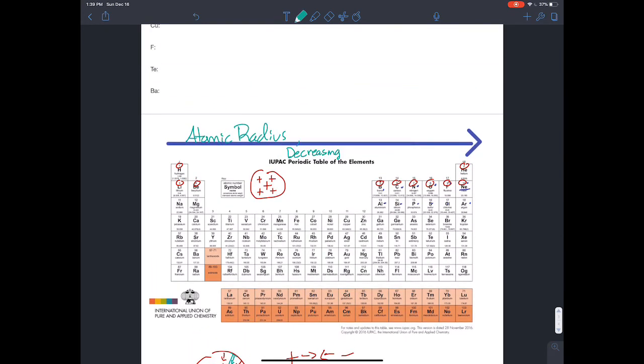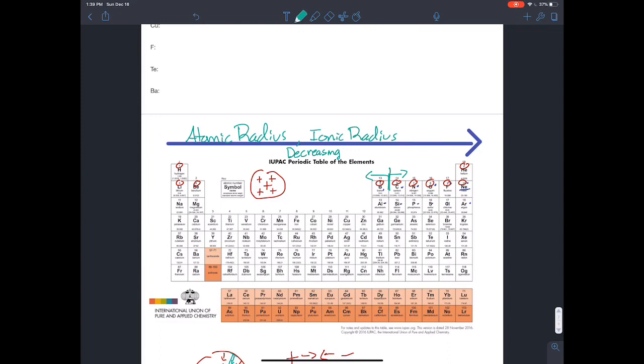Now, in general, the ionic radius also decreases. But recall, everything from this over is going to be losing electrons to form an ion. All of these are going to be getting rid of their electrons to form ions. Everything in this direction is going to be gaining electrons.